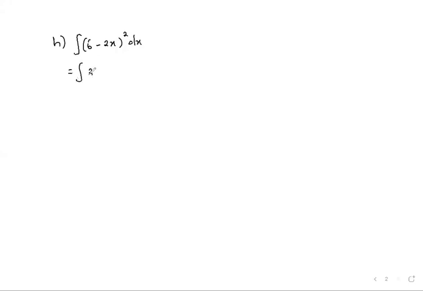So you have 36 minus 24x plus 4x squared dx. So after you expand, then now you integrate. So you have 36x minus 12x squared, and then plus 4 over 3 x to the power 3 plus c.